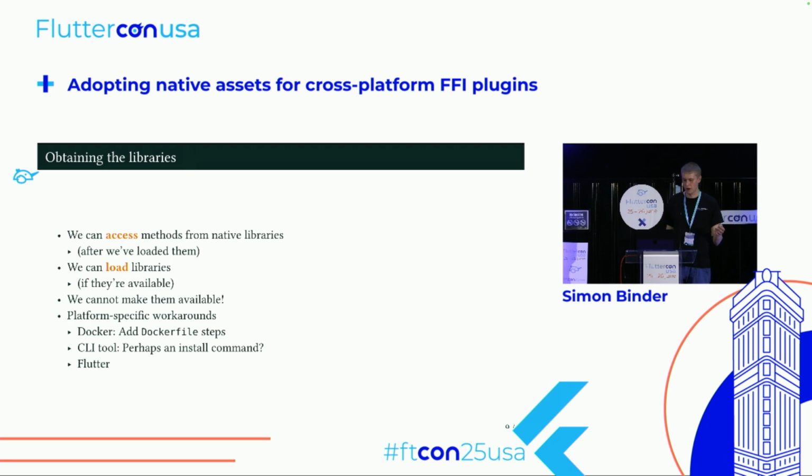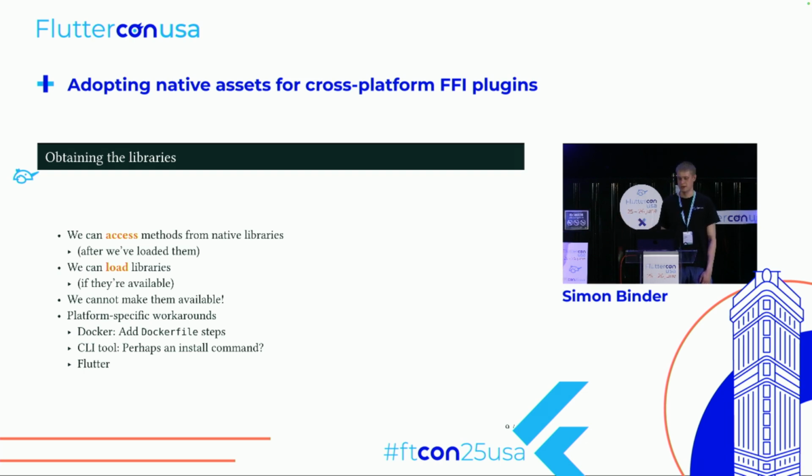And as a library author, you could say, okay, if you're using my library to build a Docker image, please add this apt-get install command or whatever to make sure that my package is actually going to work after you build the container. Similarly, if you're building a CLI executable in Dart and that relies on native code, you can perhaps have something like an install command that downloads the necessary native libraries, and then they're going to be available because you've installed them.